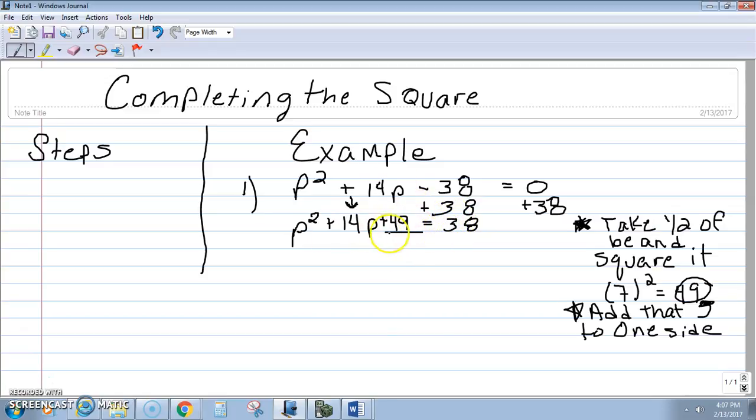Okay, so if we add 49 here, then we have to add 49 here. All right, so let's rewrite. Now we have p squared plus 14p plus 49 equals, what's 38 plus 49? 8 and 9 is 17. Carry the 1, 7, 8, 87.